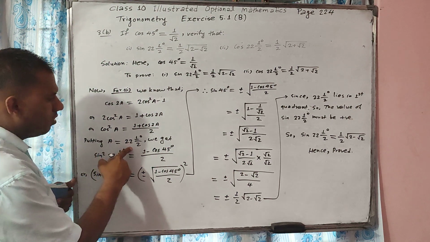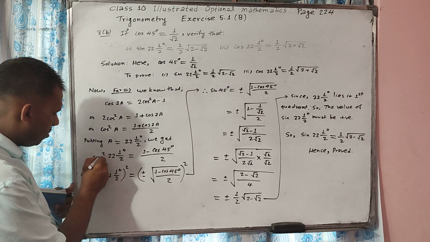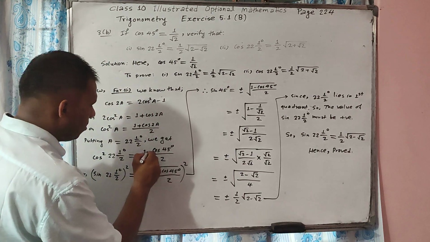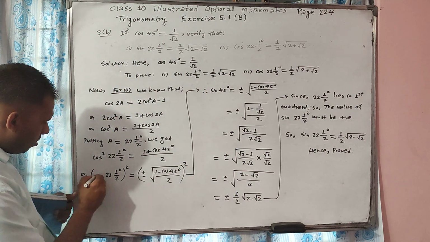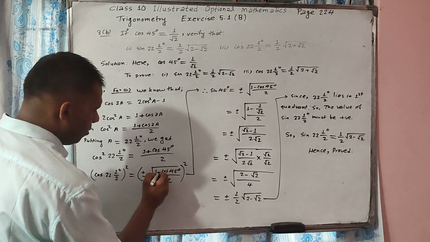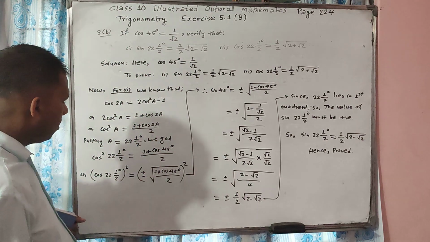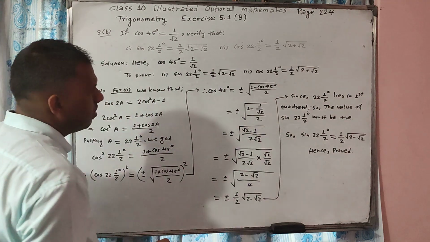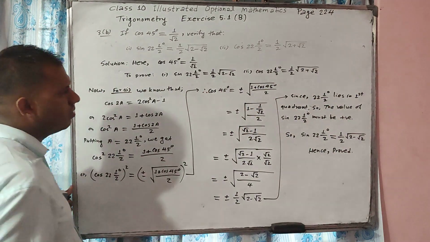Putting A equal to 22 and a half degree, we get cos square 22 and a half degree equal to (1 plus cos 45 degree) whole upon 2. Therefore, cos 22 and a half degree equal to plus minus square root of (1 plus cos 45 degree) whole upon 2.